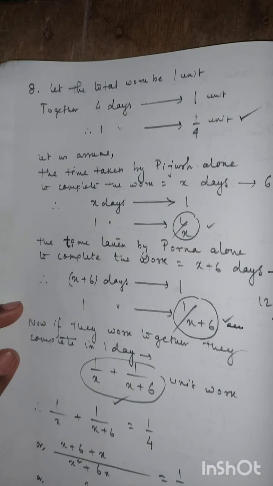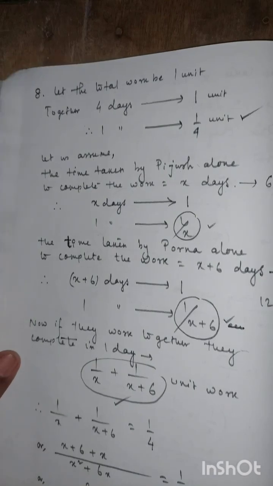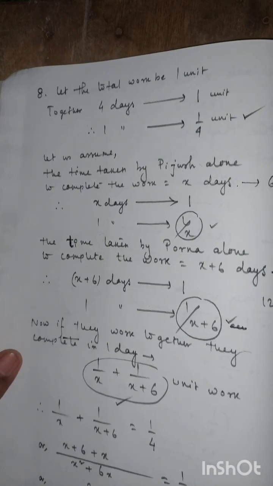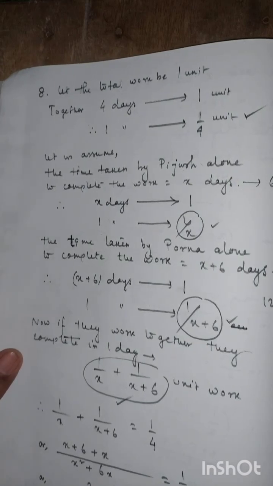But when they work alone, Porna takes 6 more days than Piyush. That means if Piyush takes x days to complete the work, Porna would take x plus 6 days.